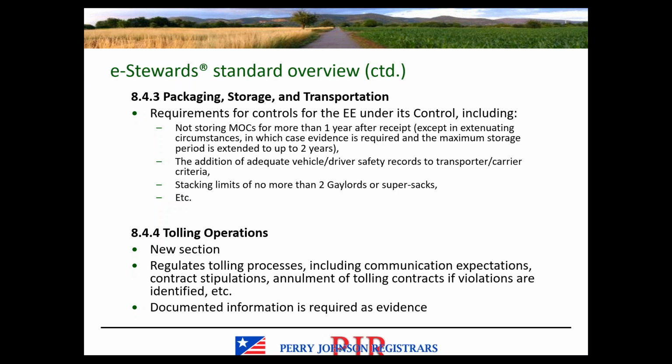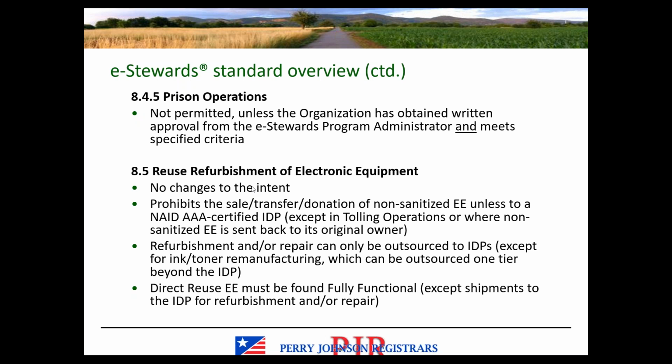Tolling operations, which we already touched on earlier, are found in 8.4.4. So this is a new section. It regulates tolling processes, including communication expectations, contract stipulations, annulment of tolling contracts if violations are identified, etc. Documented information is required as evidence here as well. 8.4.5 covers prison operations.